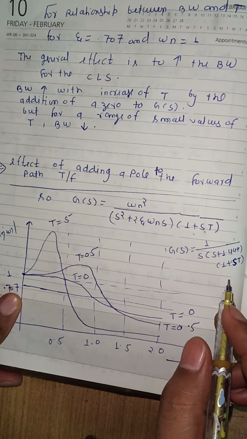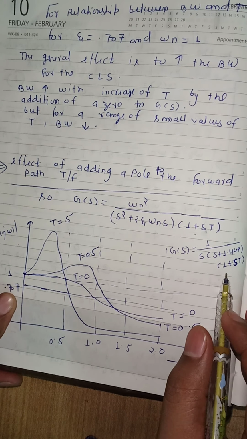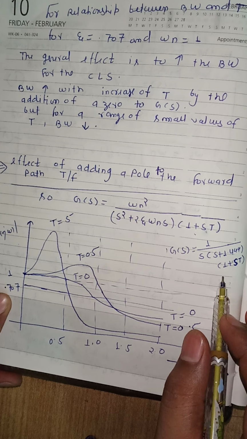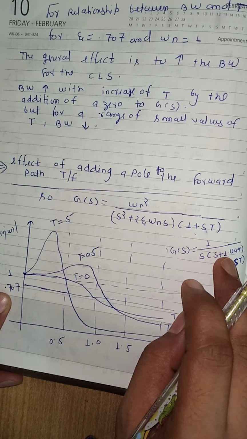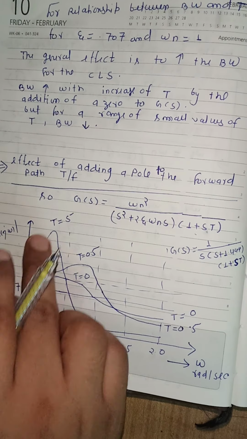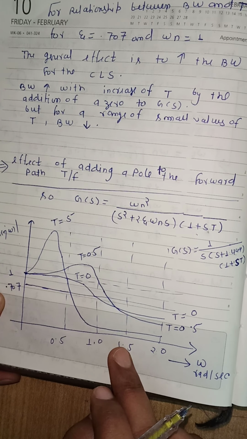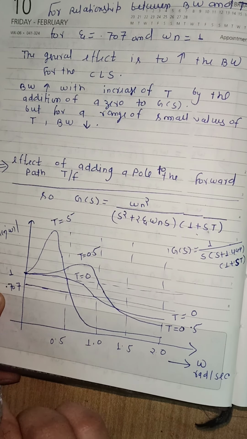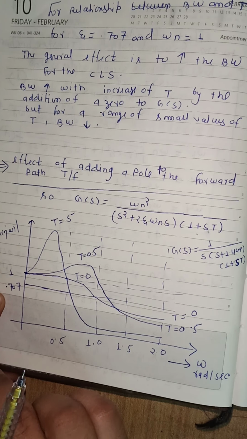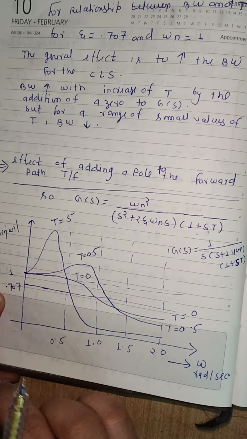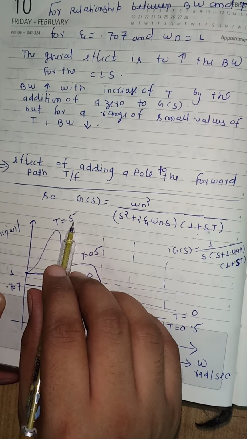In the next bracket we have 1 plus sT. So according to this we are defining a magnitude plot. The figure will define a magnitude plot for T equal to 0, for T equal to 0.5 and for T equal to 5.